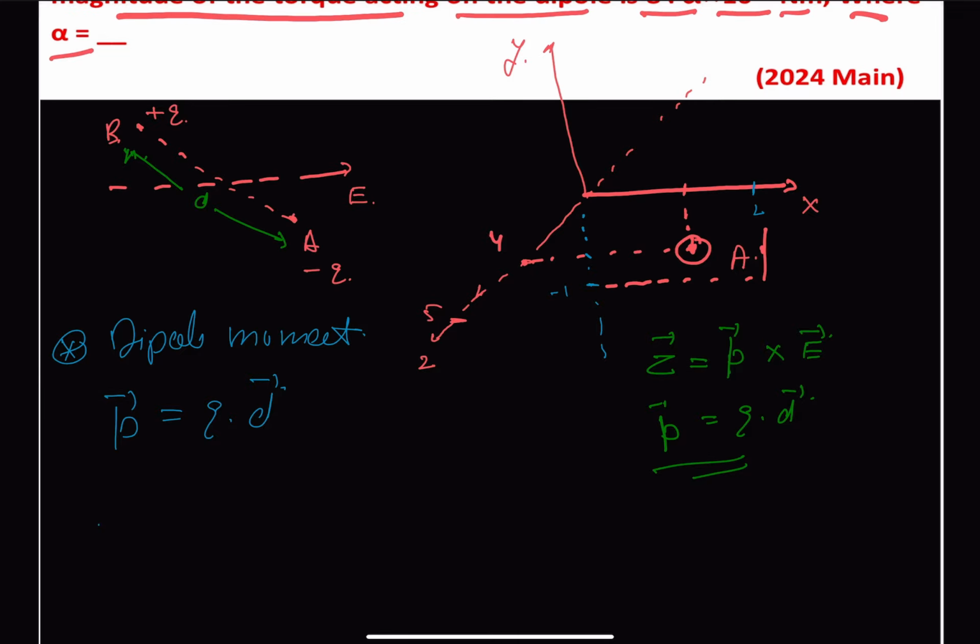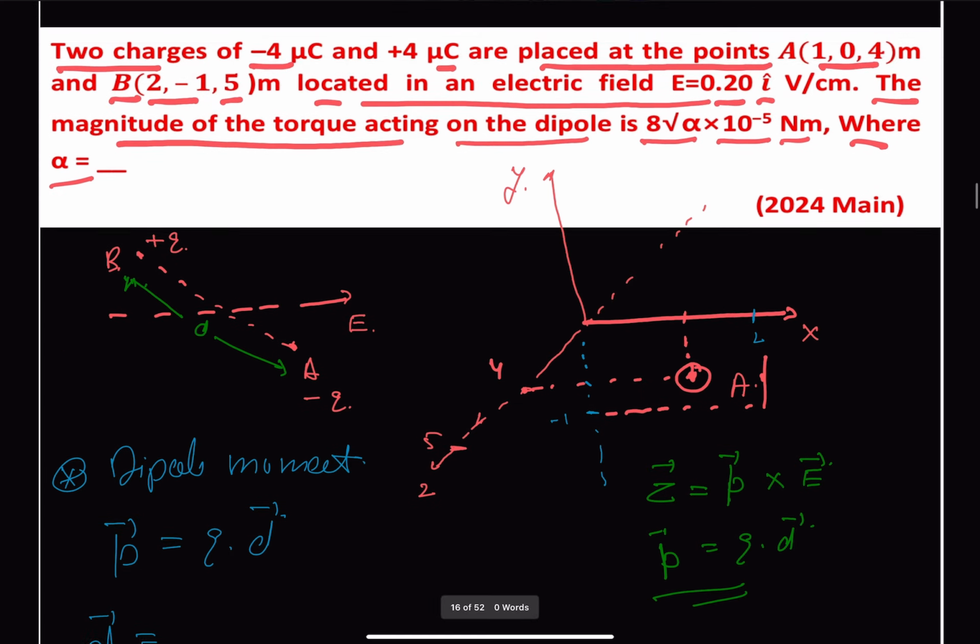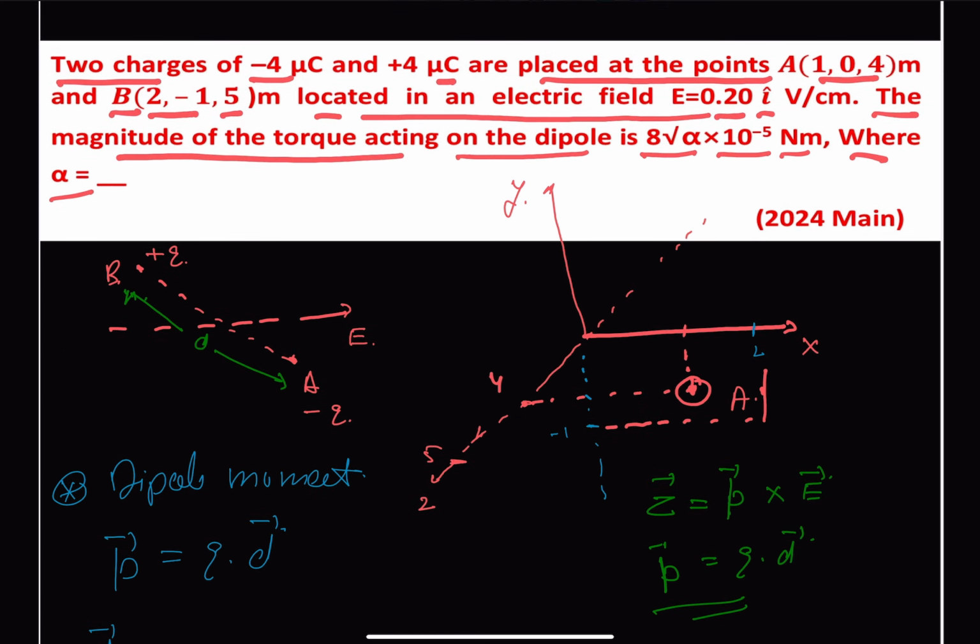We can say this displacement vector d will be equal to, we have their positions as 2, -1 and 5, and A is having 1, 0 and 4.